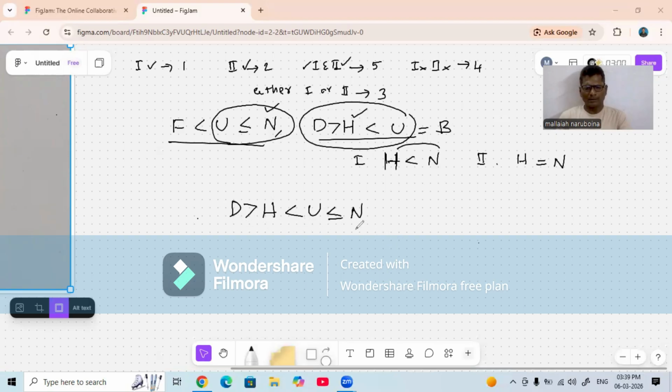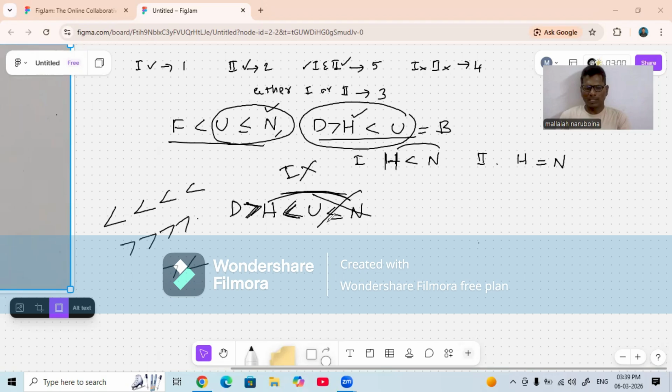By looking here, this is greater than, this is less than. Greater than, less than. Symbols are opposite. We are not having all less than symbols or all greater than symbols. One greater than, one less than means this is completely wrong. So conclusion 1 is wrong, invalid. H is equal to N. Between H and N, we don't have an equal symbol, right?